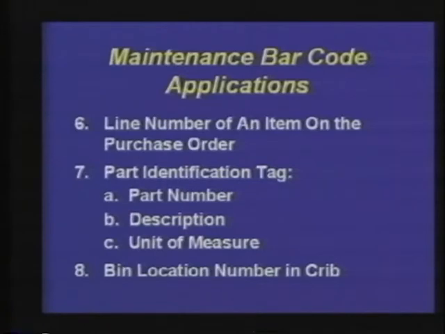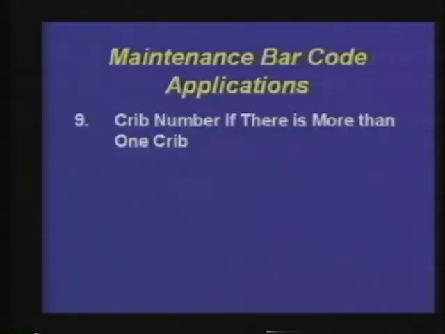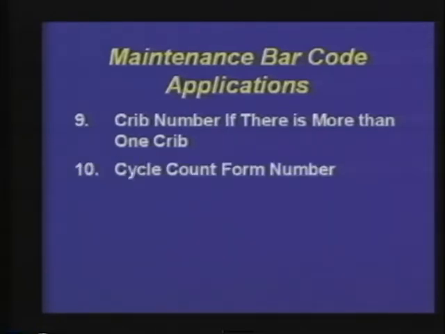The bin location number in the storeroom, the storeroom number if there's more than one, and the cycle count form, which is developed through a date code in addition to the form number itself.